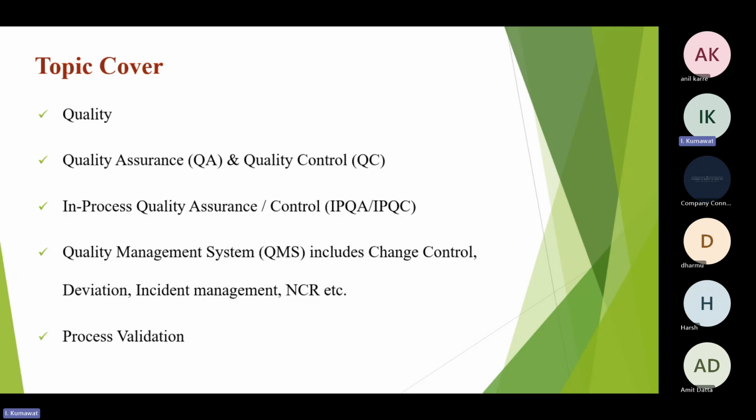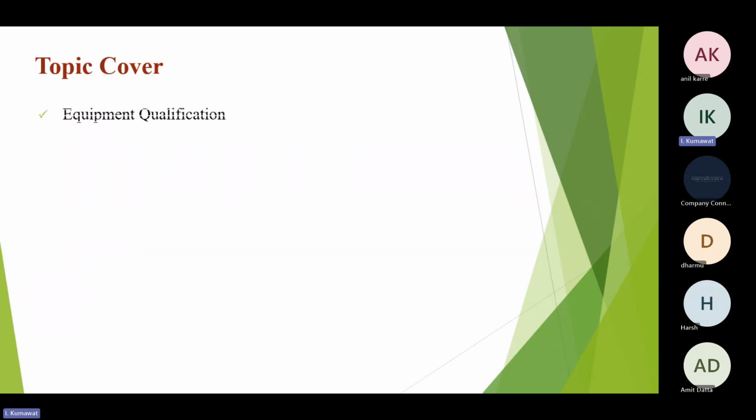We will cover process validations and then equipment qualifications. Equipment qualification concerns the equipment we use for manufacturing pharmaceutical products like tablets and capsules: the granulation area, the granulator, compression machines, coating machines, and packing machines.